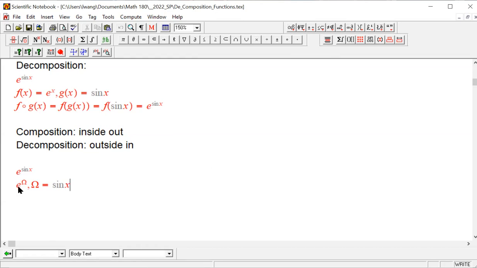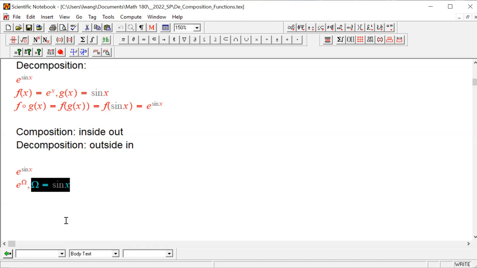So this is the outside and that's the inside. You see, from outside in. So you can see e to the power of something. I just overlook whatever it is. I know e to the power of something is going to be a simple form, and omega is the sine function.